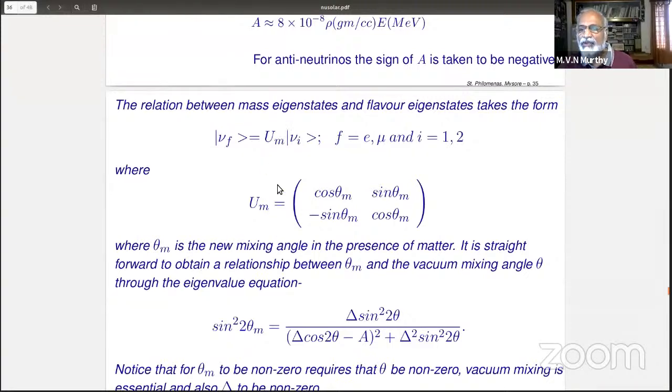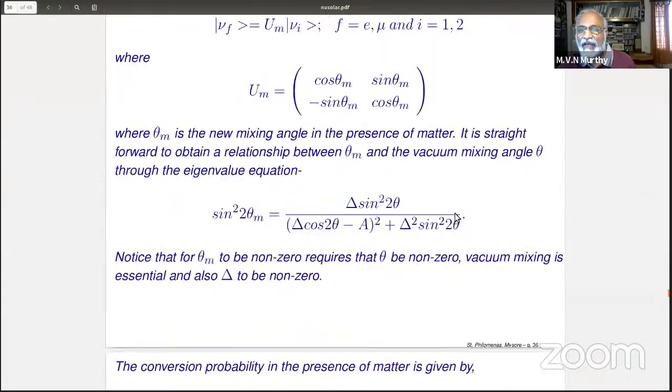In fact, for 2 generations, it's just a real matrix, which you can write as cos theta m, sin theta m, minus sin theta m, cos theta m. This m subscript means that you are now talking about matter, but we are using everything as we did in the vacuum earlier, where we just had theta, and there was no need to diagonalize because this matrix was already diagonal.